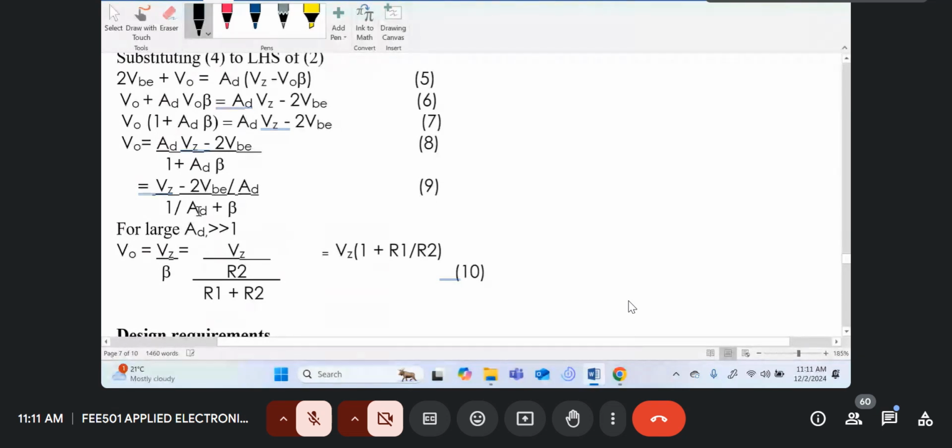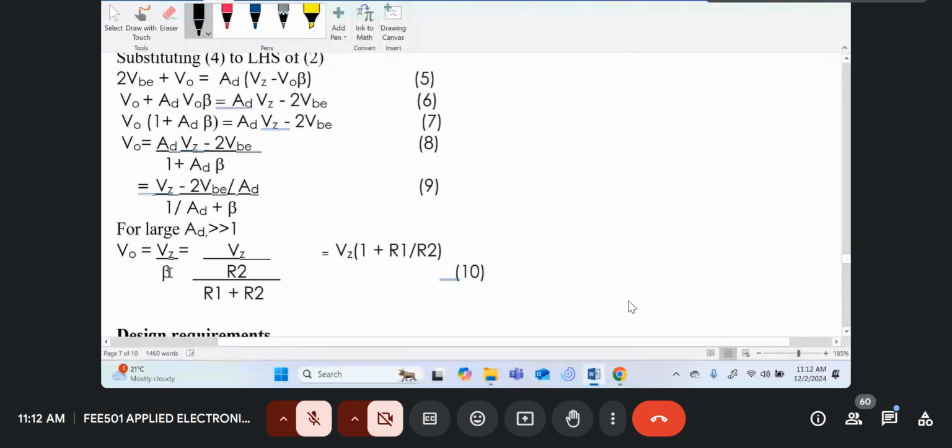And similarly, this term in the denominator, 1 over AD, will be like 1 over 100,000. It's negligible compared to the fraction beta. So equation 9 can just be simplified as VZ divided by beta. But what was beta? Beta we said was R2 over R1 plus R2. This beta is not the gain of the transistor.